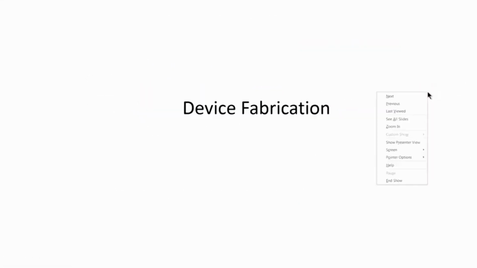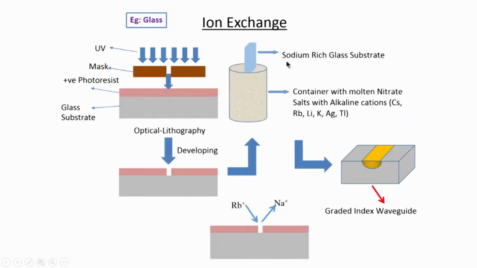So, let us look at a few device fabrication processes. Illustrated here is an ion exchange process, which is a typical example for glass optical waveguides. You can make waveguides in glass by using the ion exchange process. So, this is the device that is desired at the end, and you start with a glass substrate.